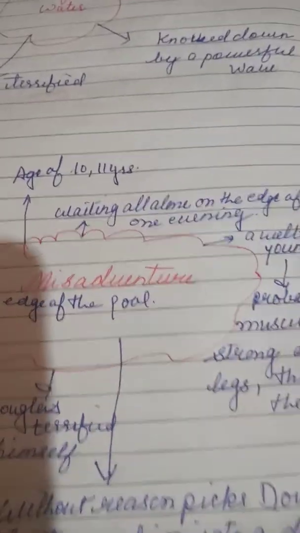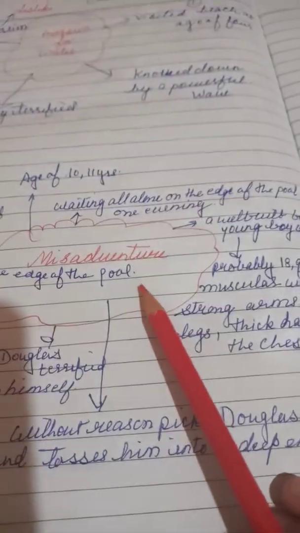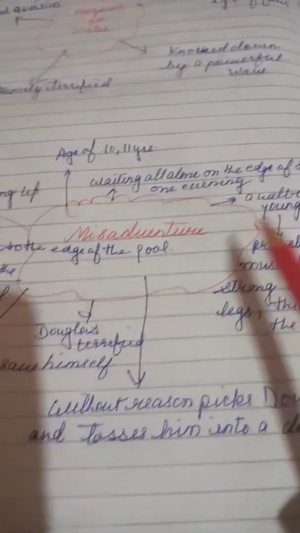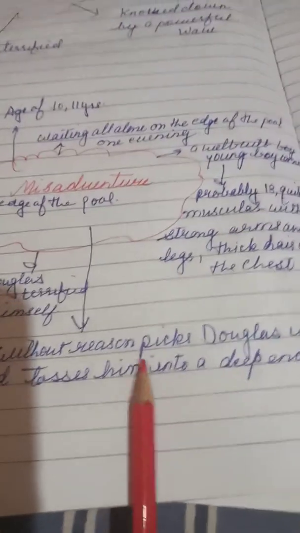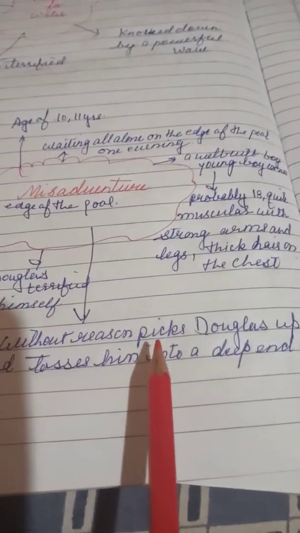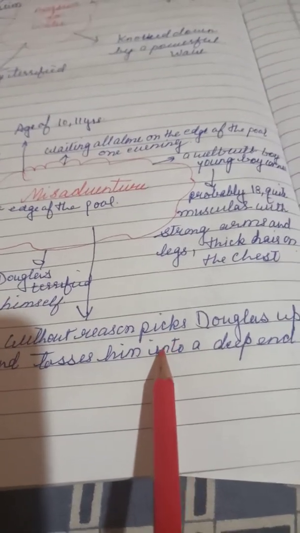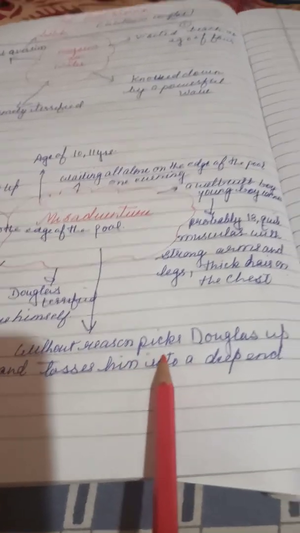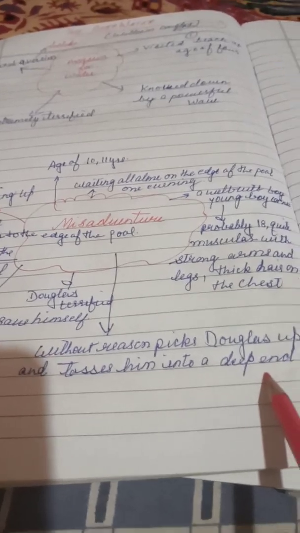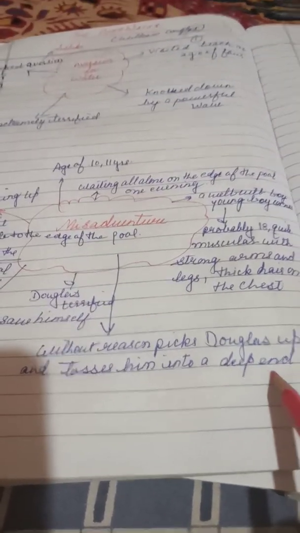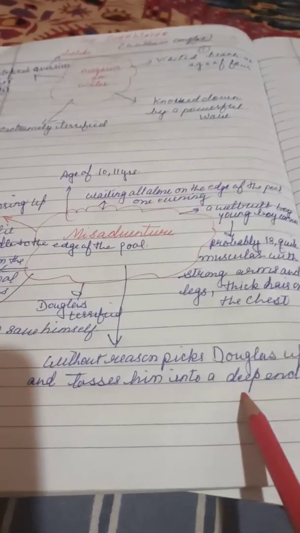When he looked at Douglas, who was sitting so skinny at the edge of the pool, he simply, without any reason, like young boys who try to show off their powers and their muscular body just for fun, picked up Douglas and threw him into the deep end of the pool, where there was depth.